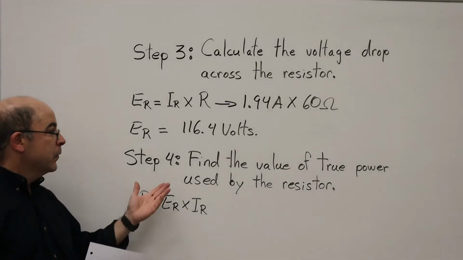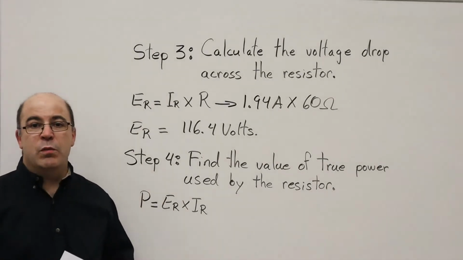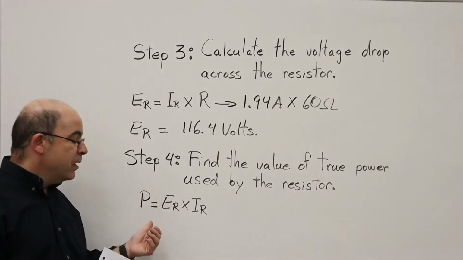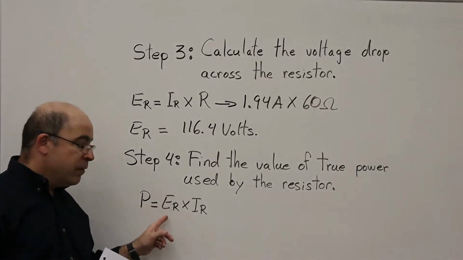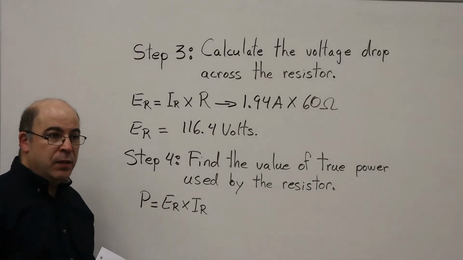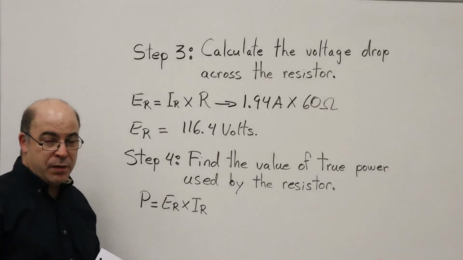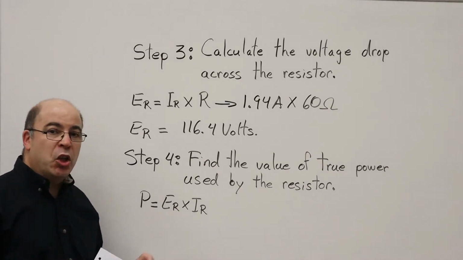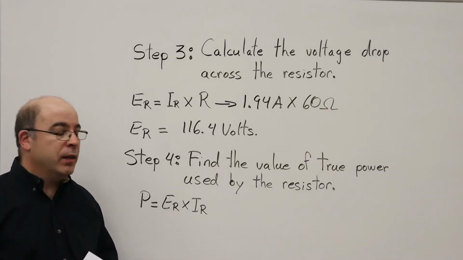Now, we're using, again, an Ohm's law formula where P is equal to the value of the induced voltage, or the voltage drop across the resistor, multiplied by the current that the resistor is drawing.